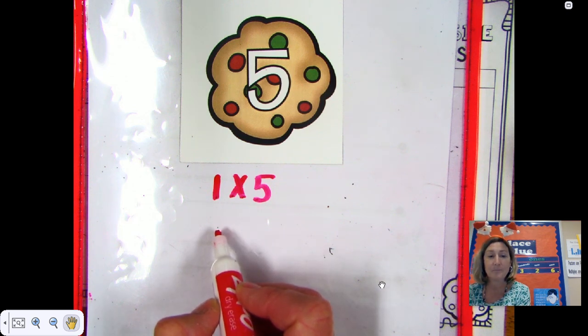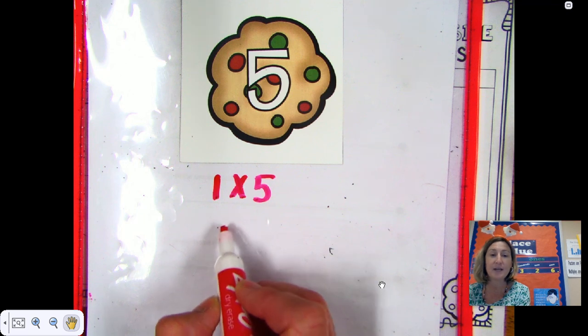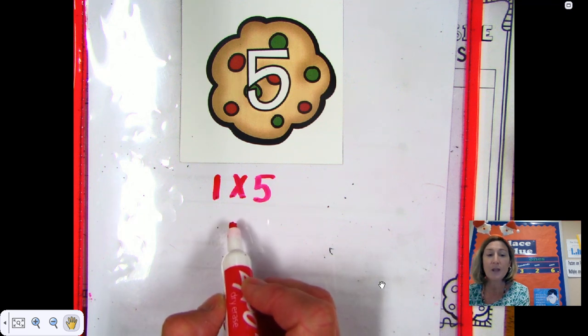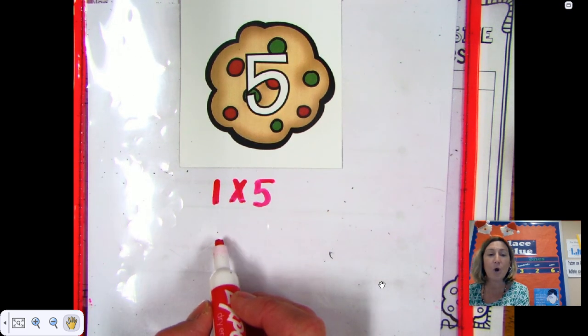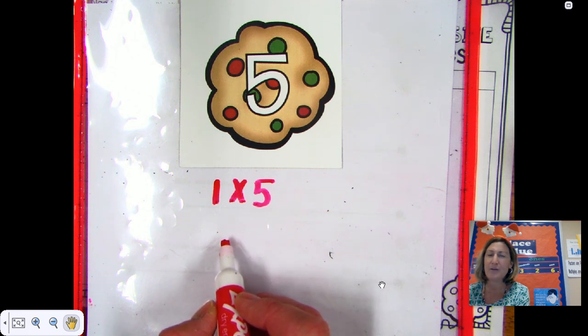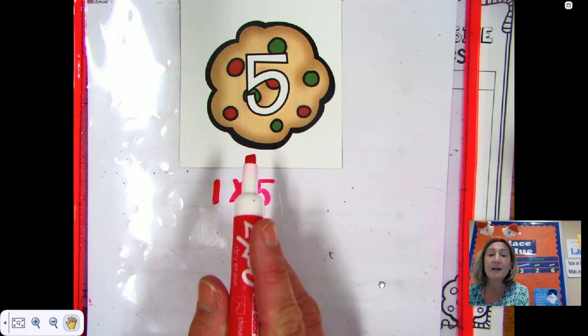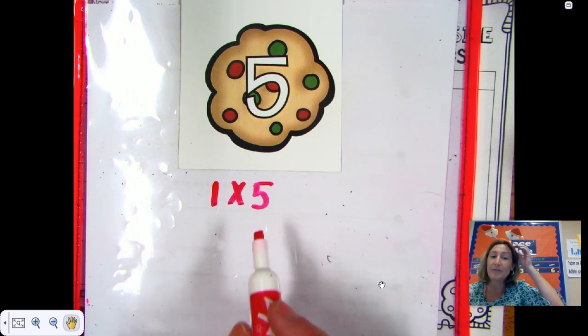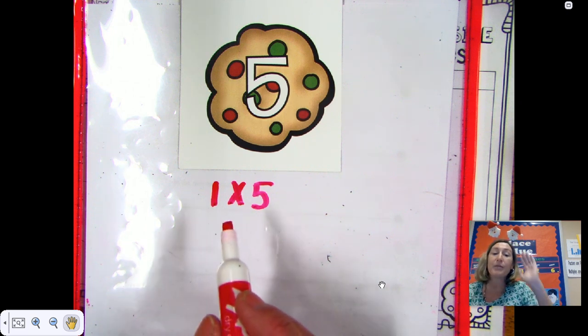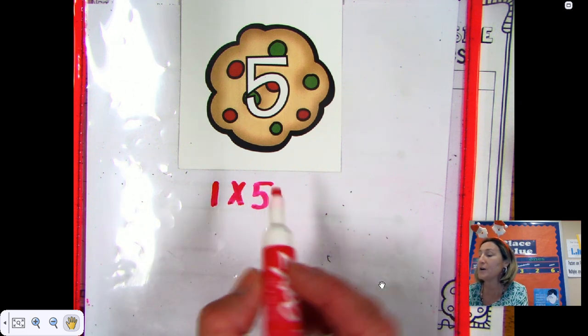Let's look at 3. When we say our multiples of 3, do we get to 5? 3, 6, 9. Nope. When we do 4, can 4 times anything be 5? We know the answer to that, but let's check. 4, 8, 12. No. And we know that 5 times 1 is 5. So we are through. We've checked all of our numbers.